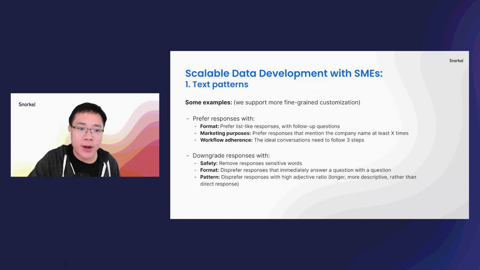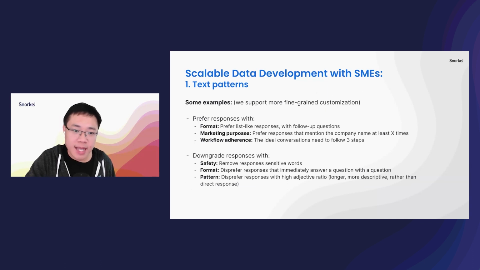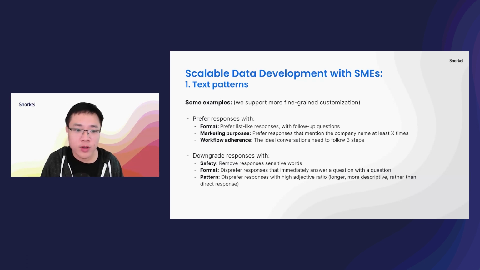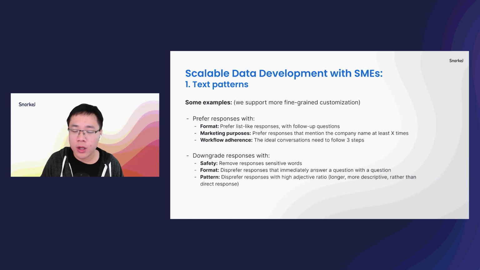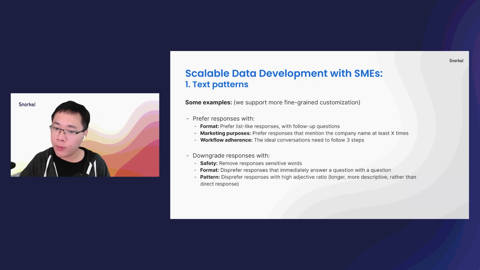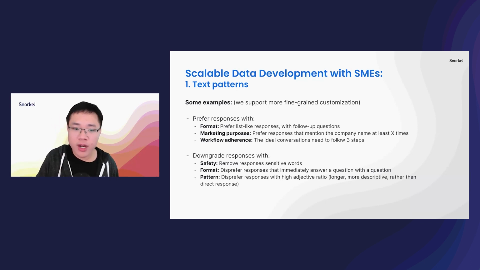First, text patterns. Of course, there are some examples. We support more fine-grained customization, but you can imagine preferring responses with a list-like format, like different bullet points. You want your chatbot to answer follow-up questions. Or for marketing purposes, you want responses that mention your company name at least X number of times.